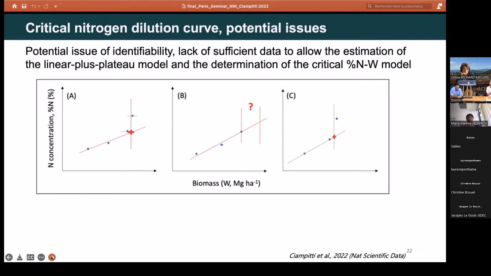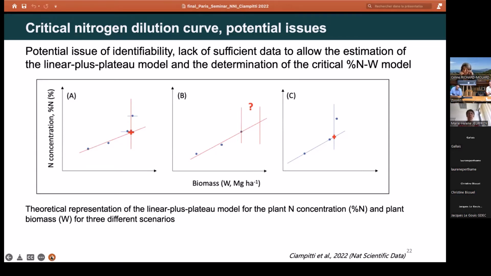So as mentioned before, Josefina, one of the PhD students working on this, is doing some simulation studies, trying to understand what happens in situations where we have data sets that reach the plateau, and how many times we reach the plateau. For example, in the case of A on this graph, we reach the plateau and we have 4 fertilizer rates.